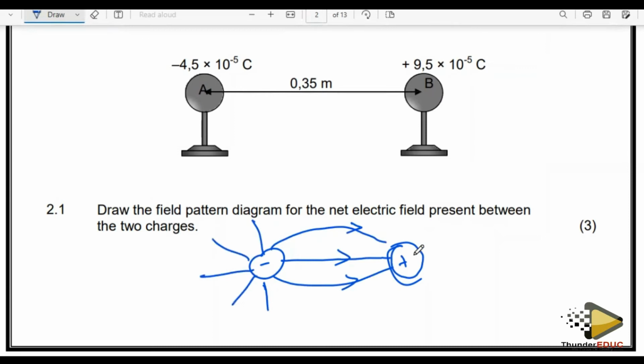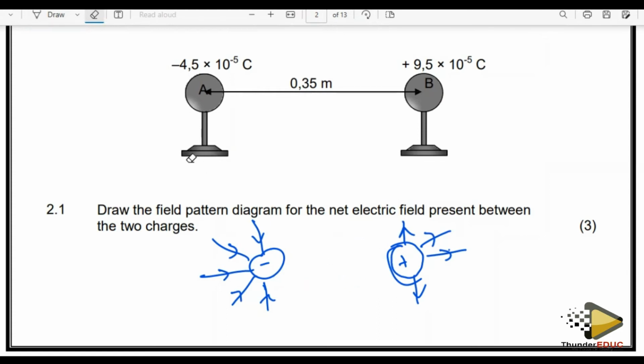So field lines should be seen leaving, and field lines should be seen entering. Say, like that.